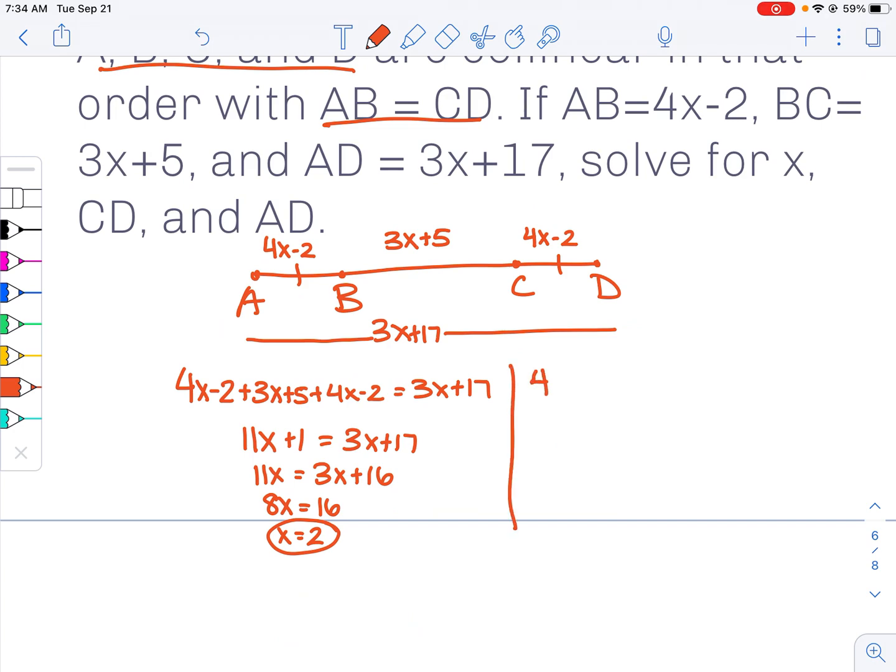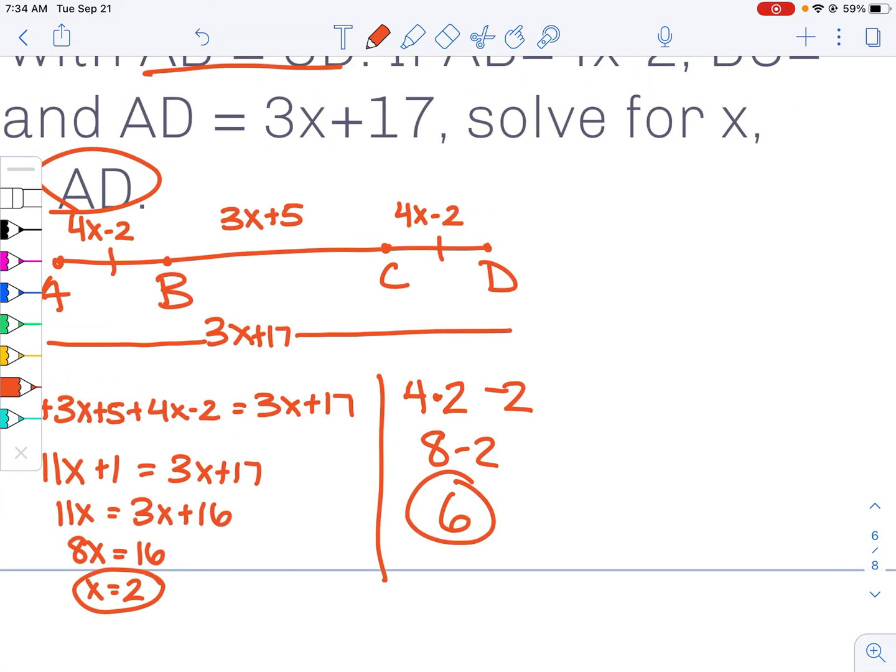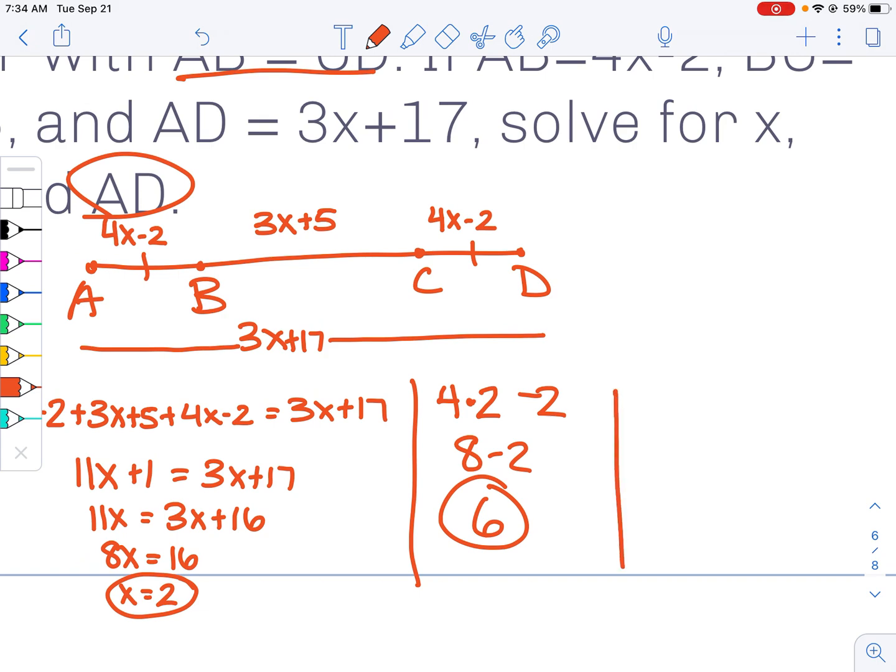CD then, I've got 4 times my x value 2 minus 2, so 8 minus 2, or 6. And then I want AD. I could solve all three parts and add them up. It's probably easier and faster to do 3 times 2 plus 17, 6 plus 17, 23.